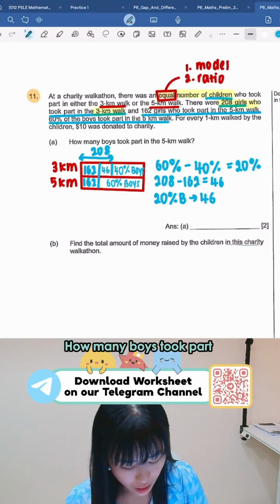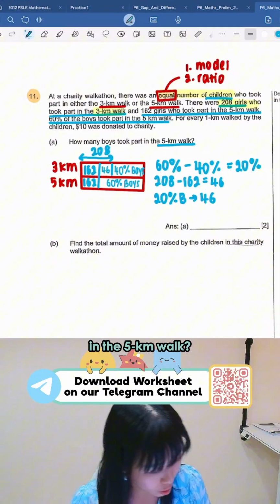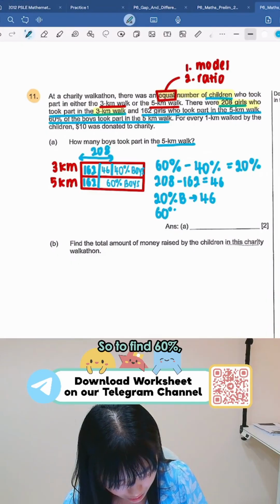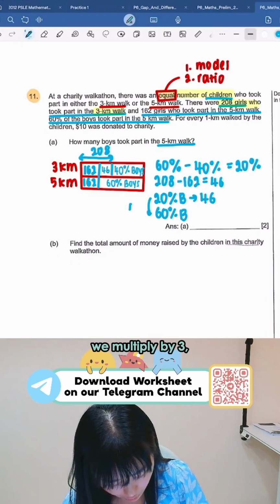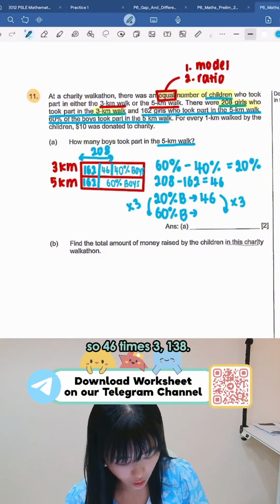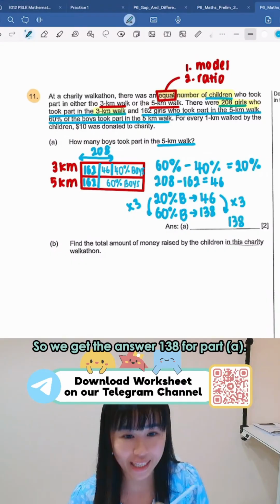Okay, Angela? How many boys took part in the 5 km walk? 5 km walk is 60%, no? So to find 60%, we will multiply by 3. 46 times 3, 138. So we get the answer 138 for part A.